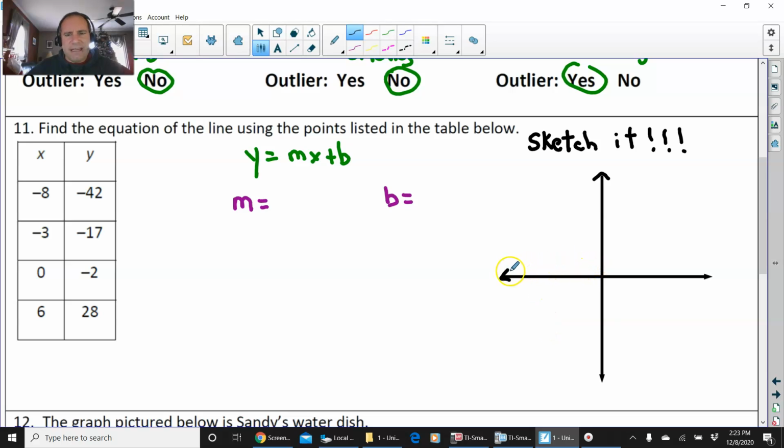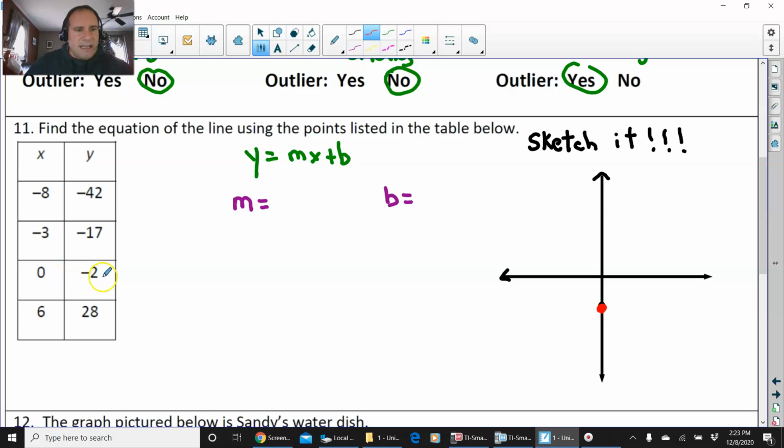And -8, -42 would be somewhere down here. Don't sketch that one. That's not the y-intercept. So that's out. -3, -17 is all the way down here. Is that the y-intercept? No. 0, -2. Is that the y-intercept?